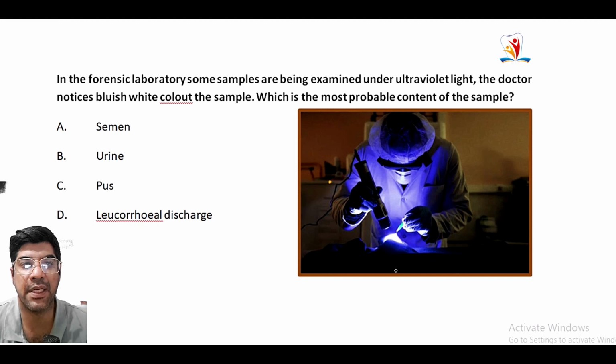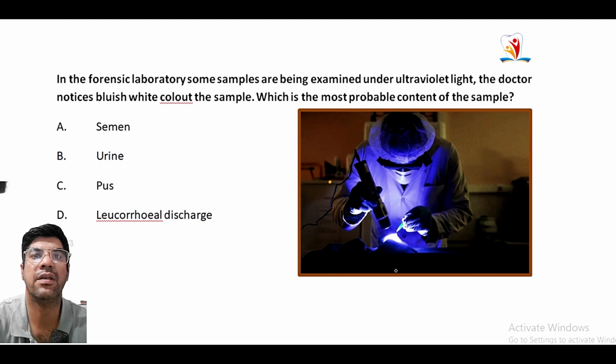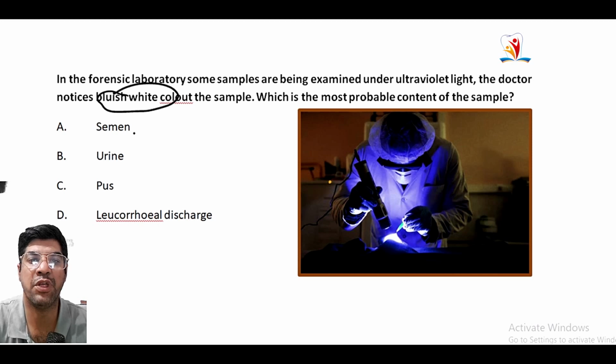When a sample exhibits a bluish-white color under UV light, the most probable content is semen. Semen contains fluorescent compounds that emit a bluish-white fluorescence when exposed to UV light. This property is used in forensic analysis to detect the presence of semen in a sample.